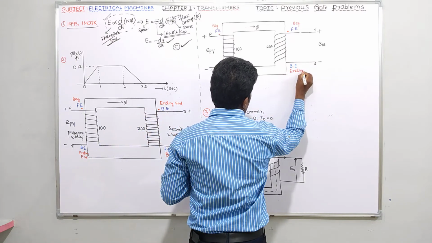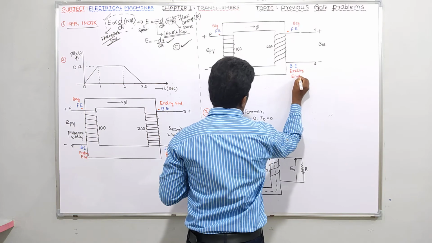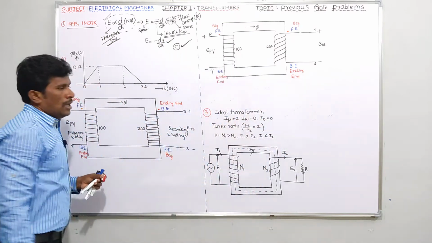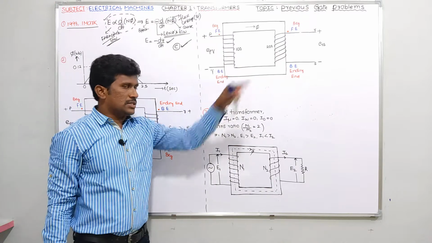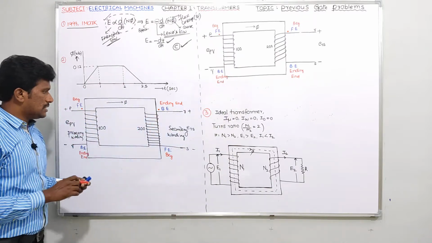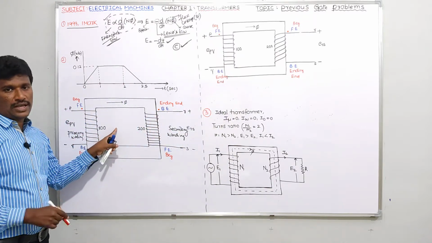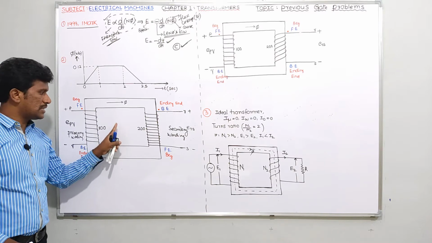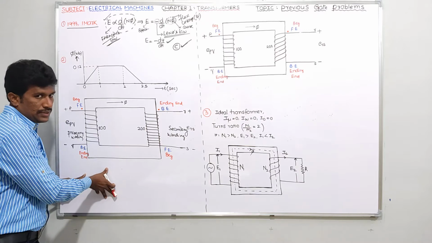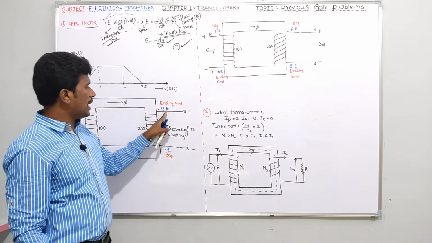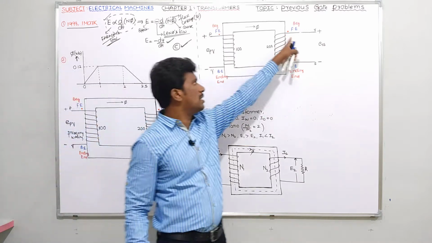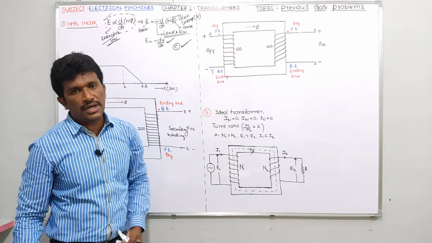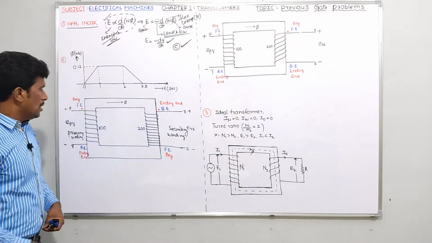So let us see what the answer is if the question is like this, and what the answer is if the question is like that. We'll see two things. In your PDF file, the question is like this, the diagram is like this. I'll tell you the answer for this question. Suppose instead of back end here, front end here, if front end is here and back end is there, we'll discuss that answer also. Very simple.